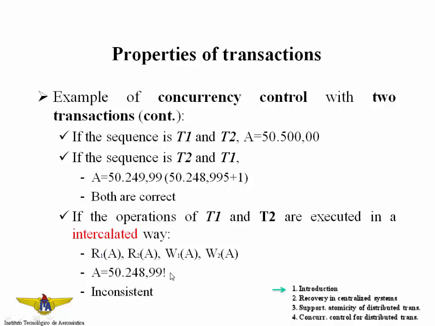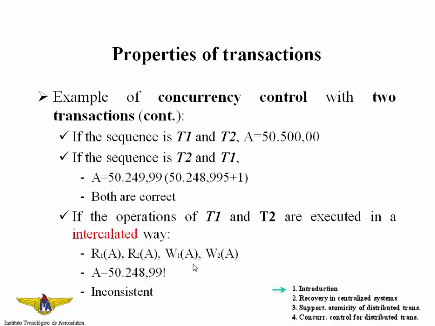So you call this a wrong computation. That's what you want to avoid. What you have to do is to assure that the concurrency control mechanisms keep the execution in a correct order and avoid this kind of computation.